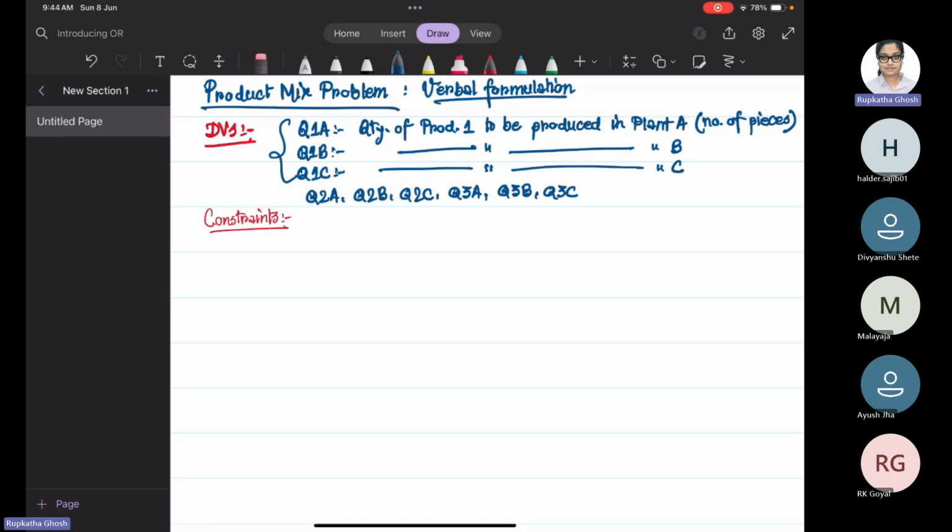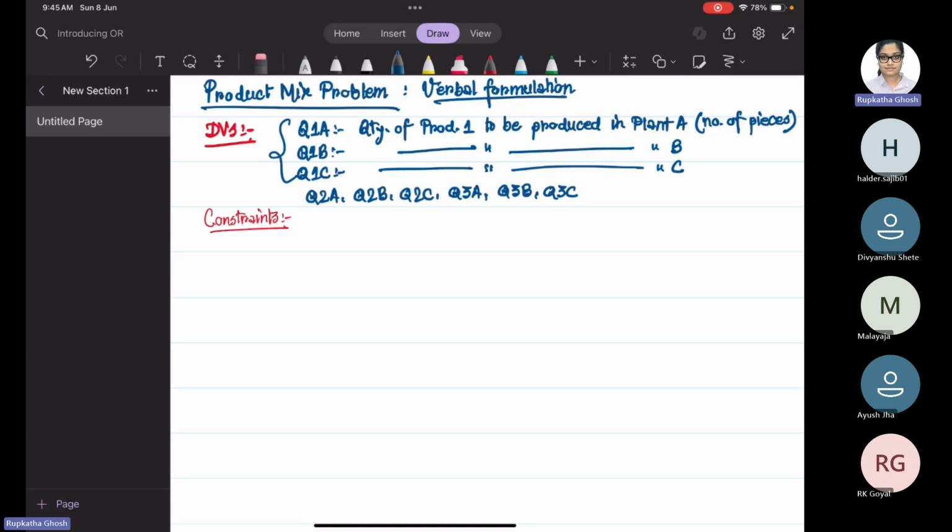See, just a quick hint: this problem can be formulated in 2 ways, and I'll show you in 2 ways only. But that change would be in the way you specify your decision variables. So the thing that you are going on about, the hours available, that is not really hours available, that is hours to be spent for producing product 1 in plant A, and that becomes your decision variable.